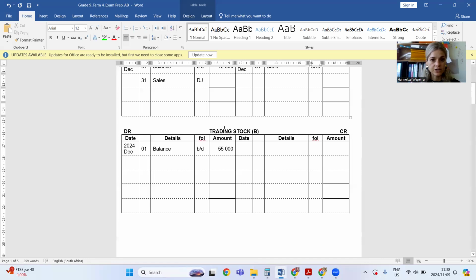Then trading stock. With trading stock, you're either going to buy more, so you are going to increase this account, or you are going to sell your trading stock, because remember, it's the stock that you are trading with. So you are buying this, accumulating this asset in order to sell it at a profit.